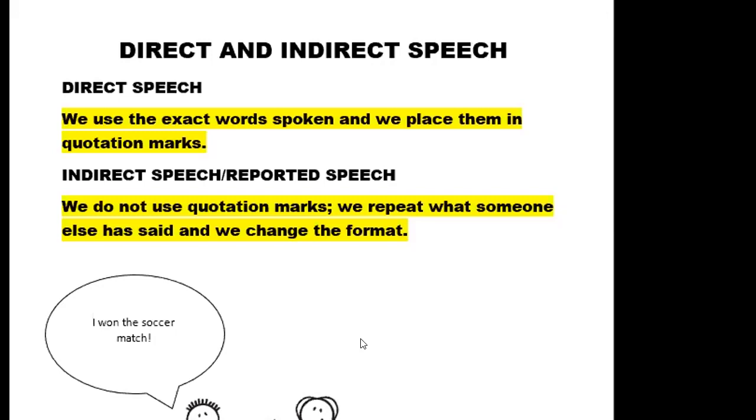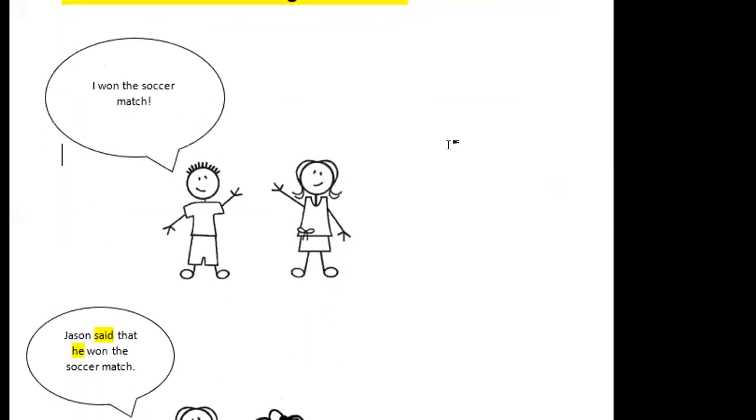Do you see how in reported speech I'm reporting what the person said, but I'm changing the pronouns? I'm changing all the I's to you, for example. I'm going to give you guys a few examples so that you can get used to it. Remember, it's nothing new to you. You use it all the time.